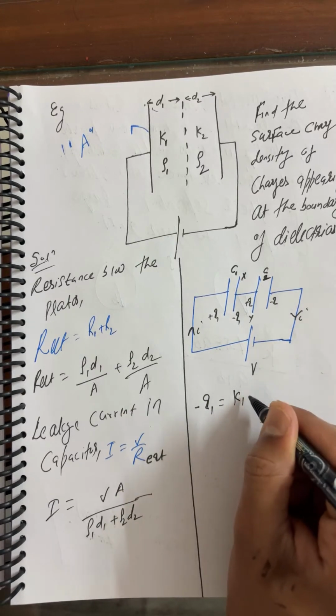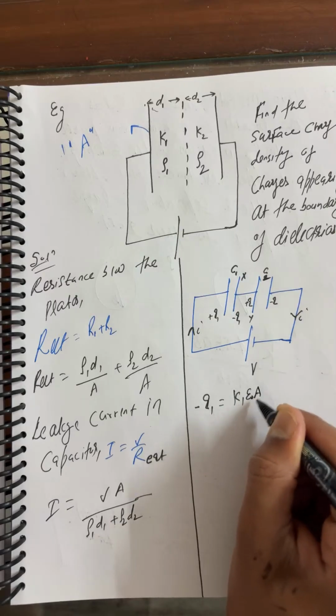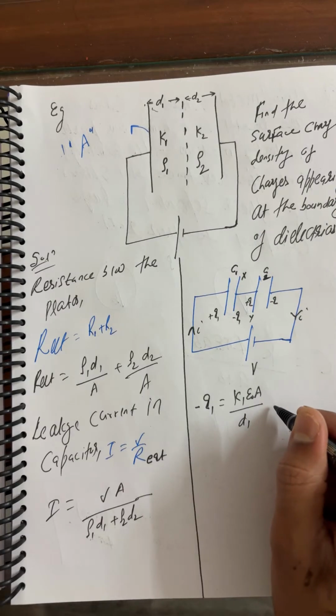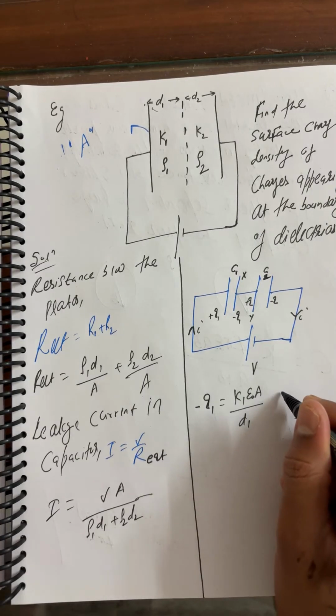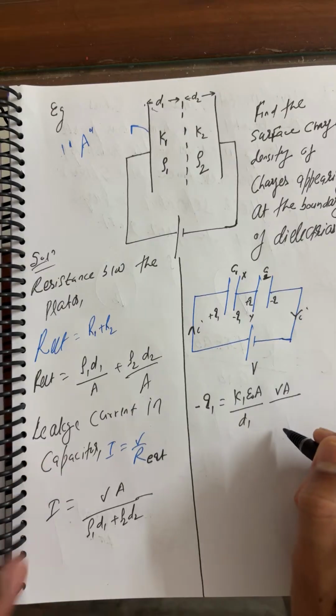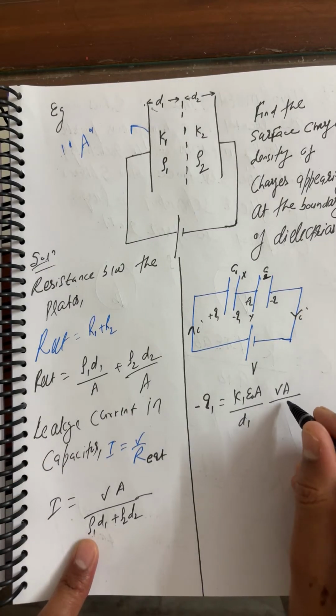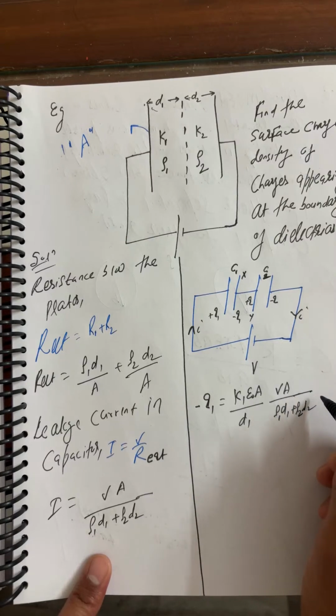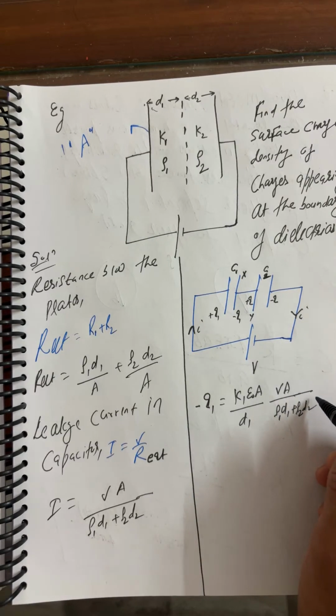This is K1 epsilon into A upon D1, into V into A, because we can write V is equal to IR, which we just found: rho 1 D1 plus rho 2 D2.